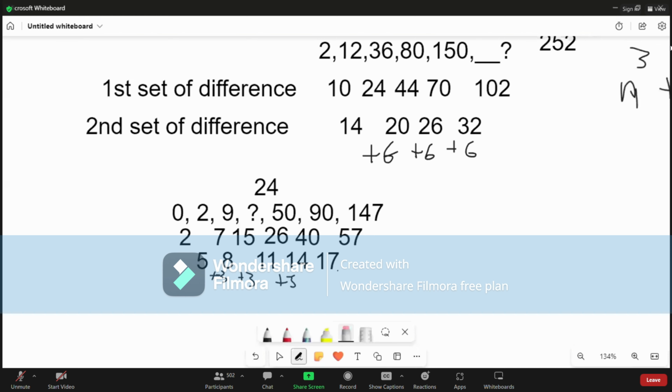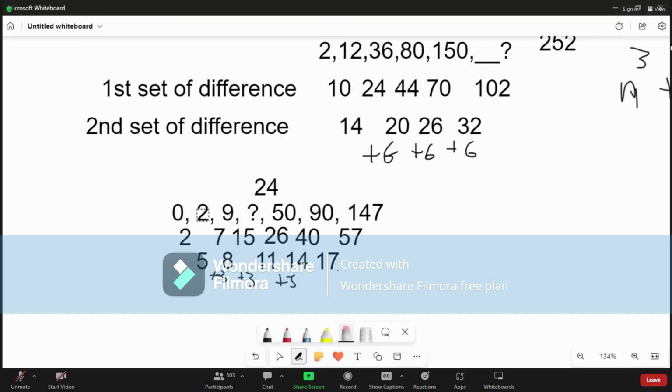So any more questions? So this is again a first set of difference and second set of difference question. The initial question that was given was 0, 2, 9, 50, 90 and 147 with a term missing between 9 and 50. So what I have done is I have gone option by option. I first started with option 1, that is 24. I first found the first set of differences.